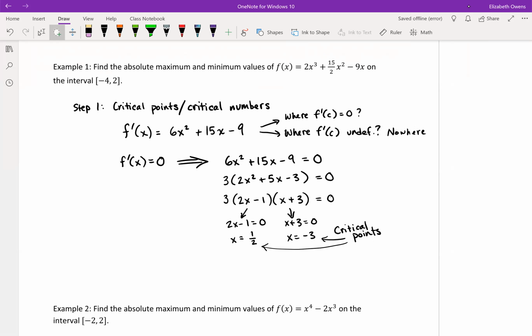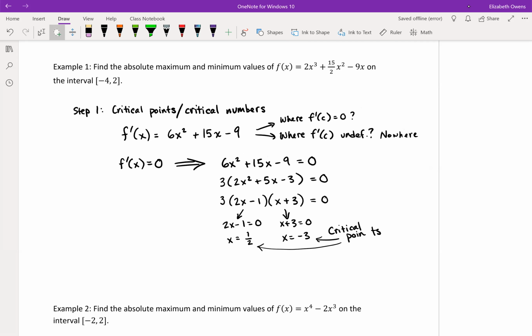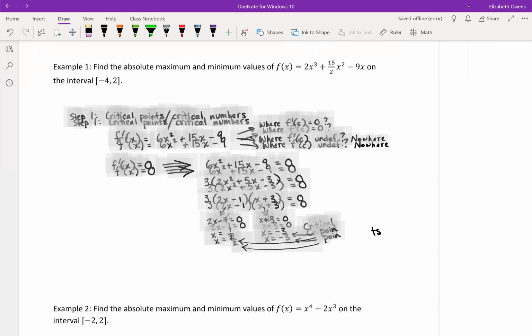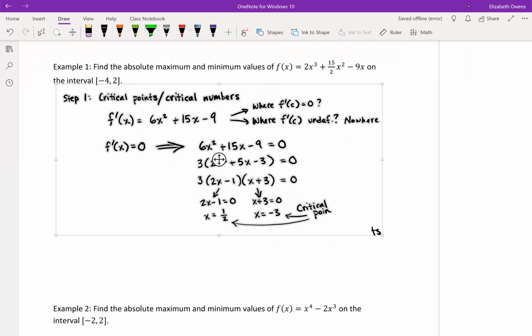And I'm going to give myself a little bit more space here so that we can find some y values to go with these x values. Critical points, there we go.